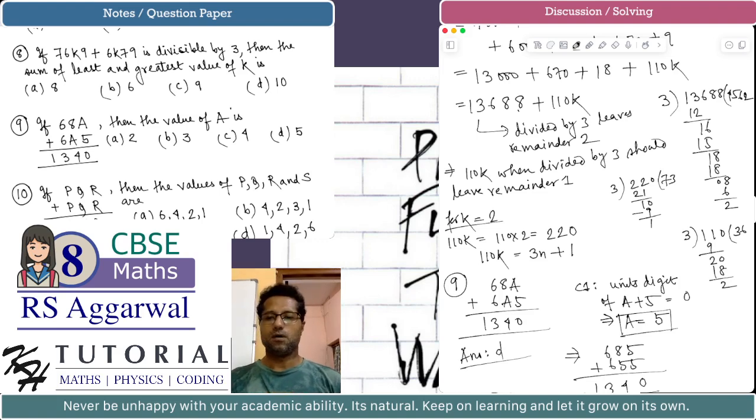So we can choose different values of n. Definitely k equals 2 is the least value for which the sum of the two terms will be divisible by 3.